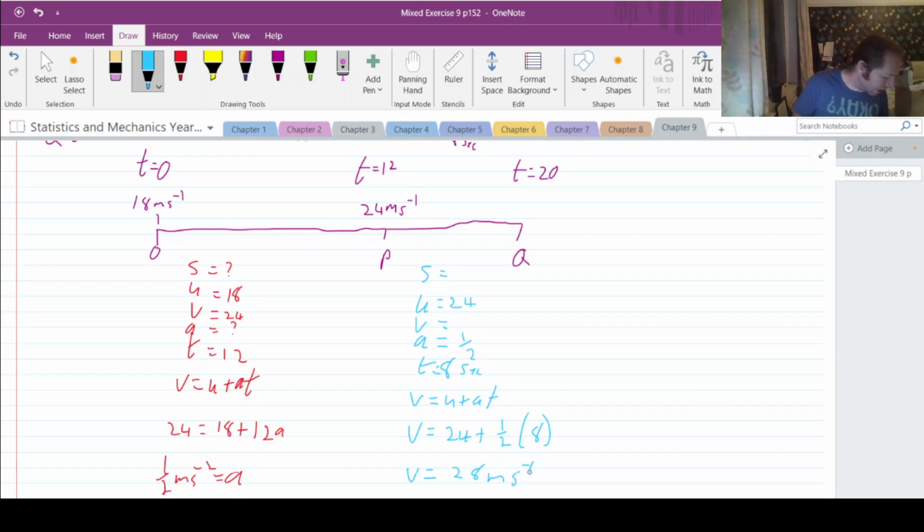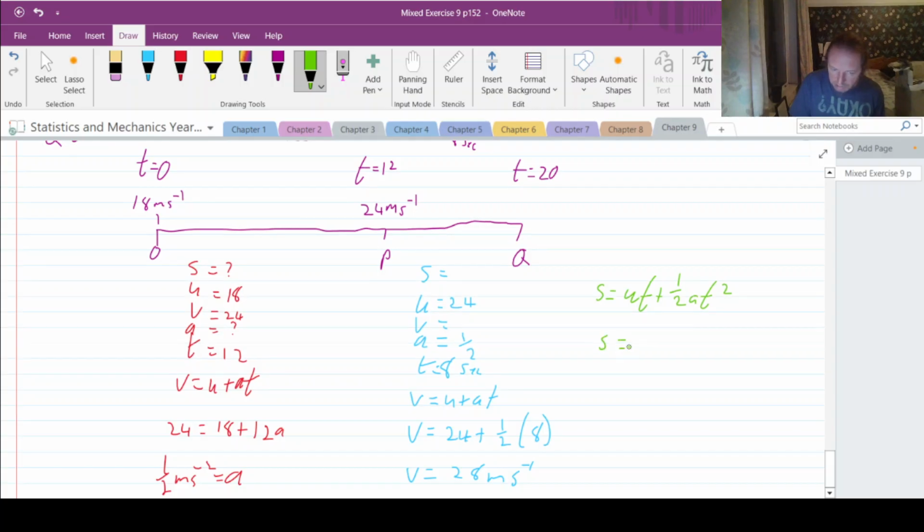Part B, the distance from P to Q. So now we want to do the distance between P and Q. We can use exactly the same approach, looking for something with no final velocity in it, which we can now use as s equals ut plus a half at squared.